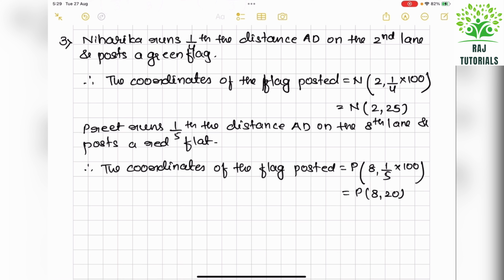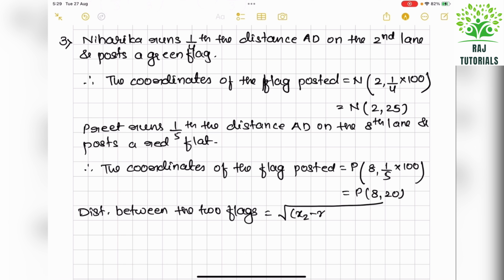Now the distance between the two flags I can find using the distance formula, that is square root of x2 minus x1 whole square plus y2 minus y1 whole square.